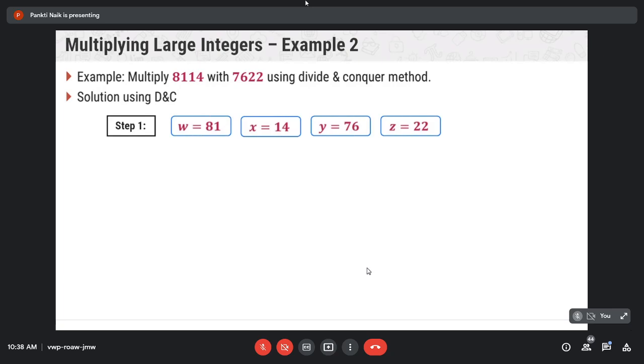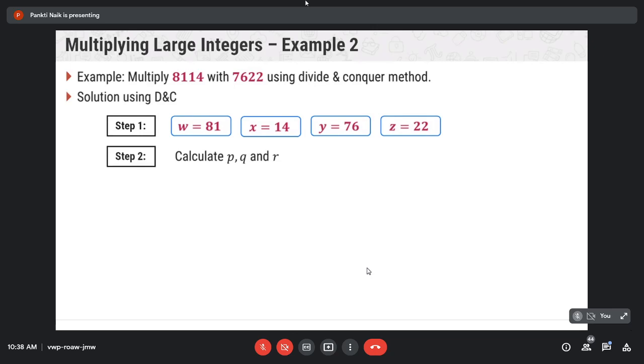This is the second example, multiplying two large numbers 8114 and 7622. The first step using divide and conquer is to divide the numbers into sub problems. So 8114 is divided into two parts, w is equal to 81 and x is equal to 14, and 7622 is divided into y is equal to 76 and z is equal to 22.